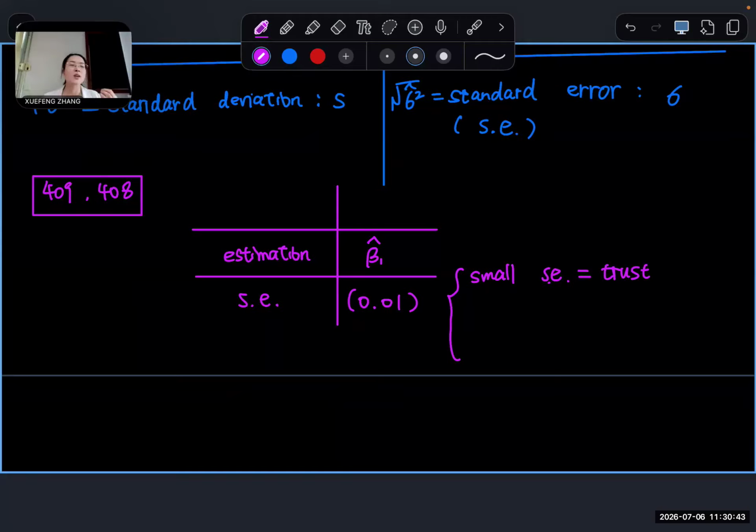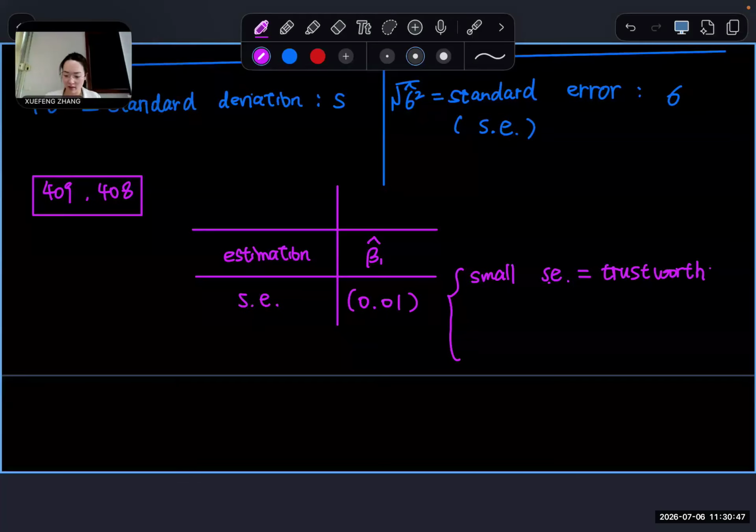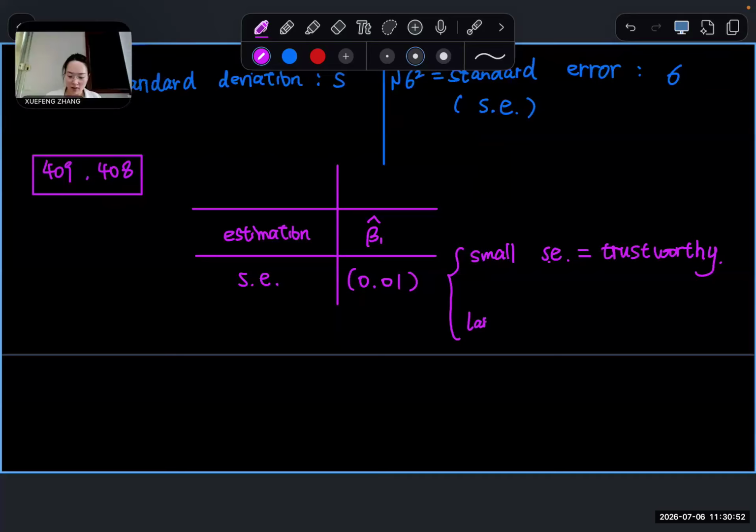So we can trust the estimation. And if it's large, it means spread out. If it's a large SE, you should be careful about that paper. I didn't say it's wrong, just be careful. This is the bridge between estimation and inference.